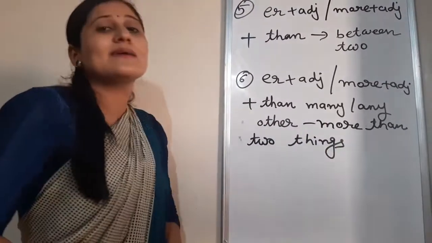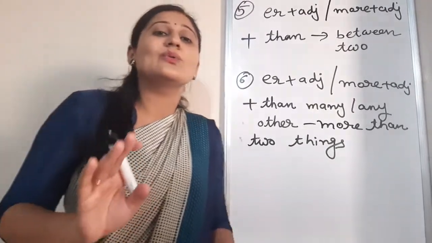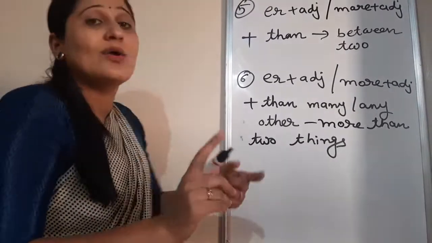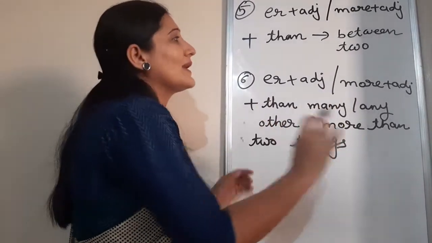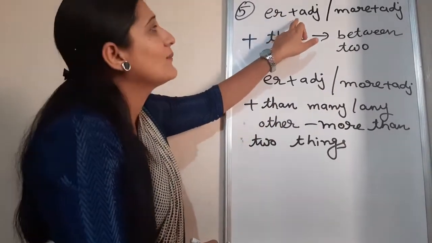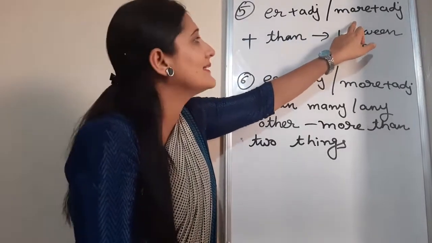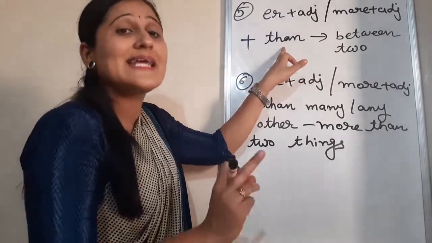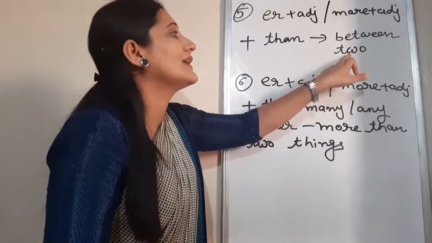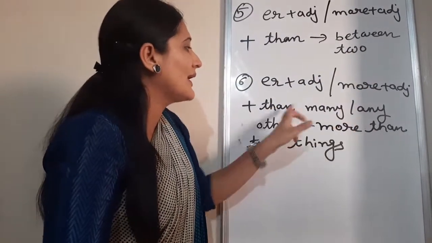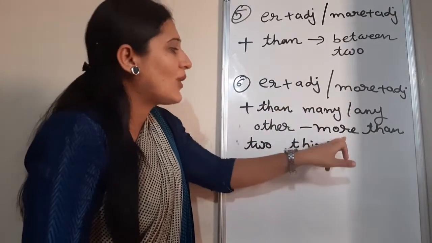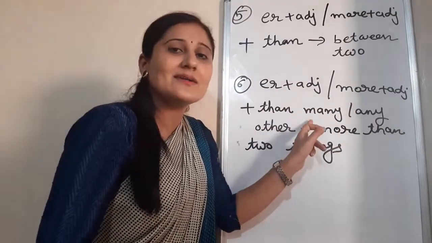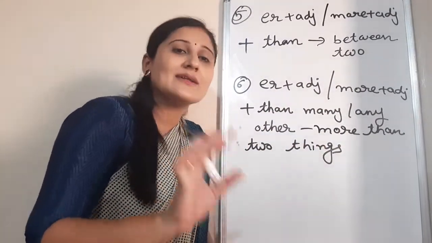Keep that in mind. What to delete? "As adjective as", "so adjective as". What to add? Er plus adjective, more plus adjective, plus "than"; if the comparison is between more than two, then we need to add "than many other". Between two, "than"; more than two, "than many other" or "than any other", right?